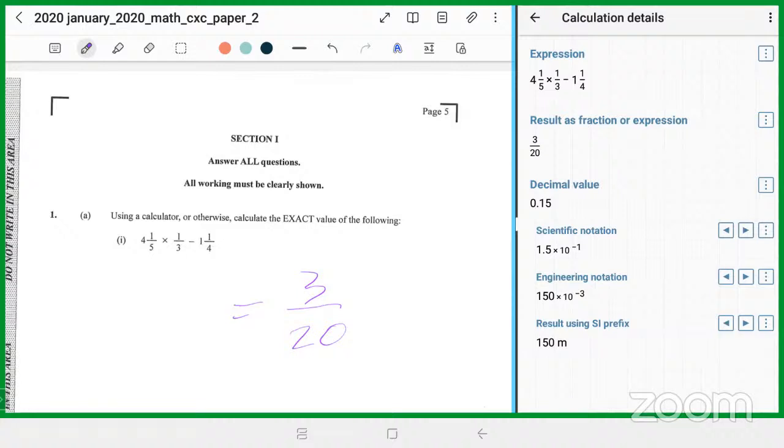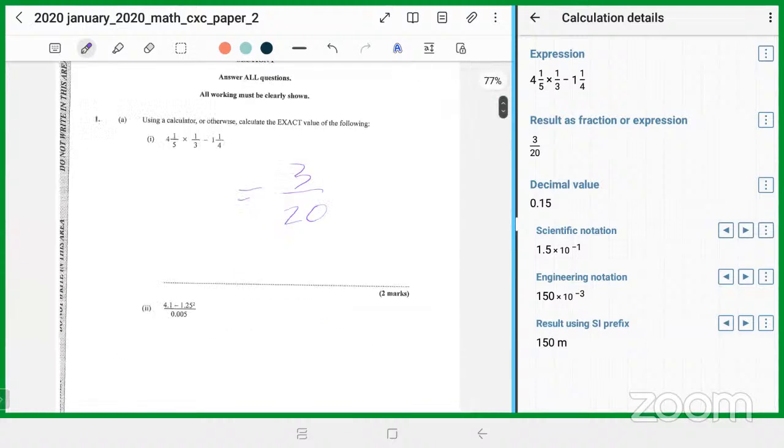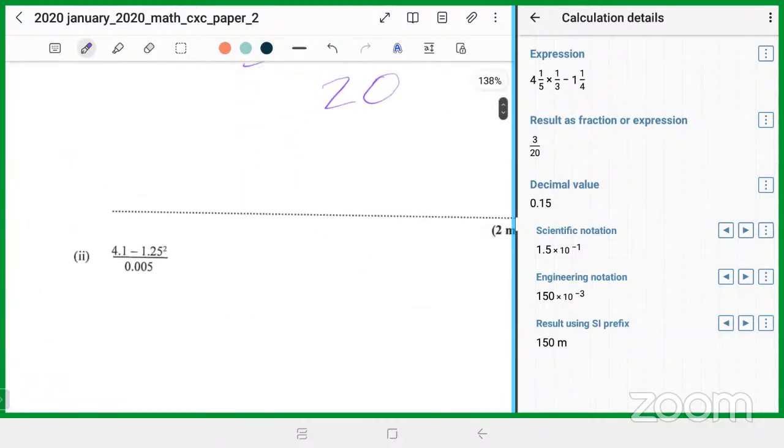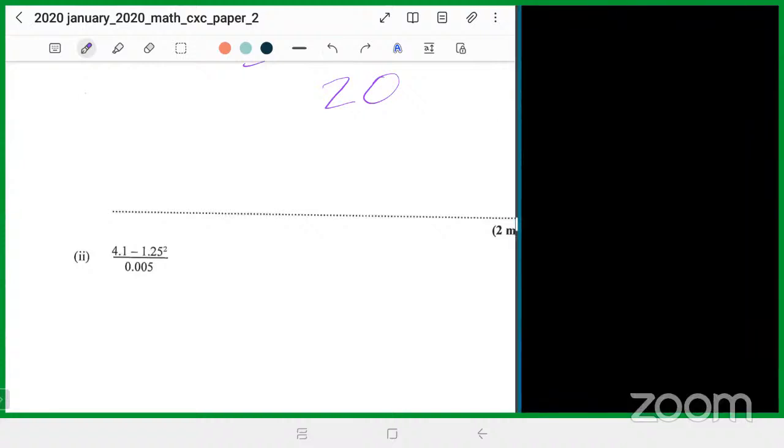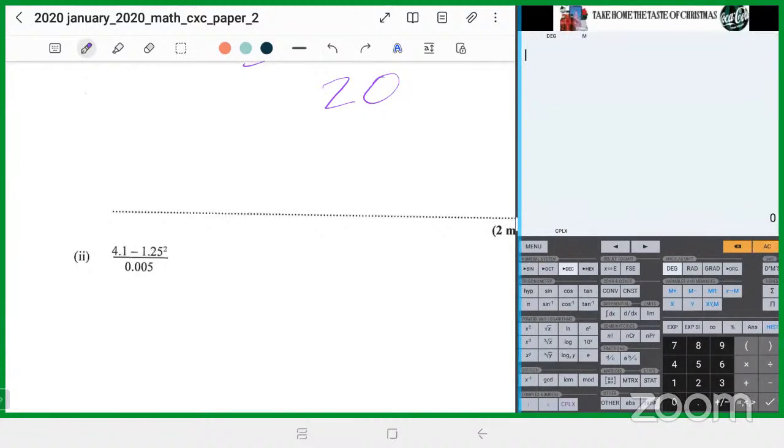All right, next one is this. Do the same thing. Type it in the calculator. That one should be a fraction. It is 4.1 minus 1.25 squared, and you're dividing that by 0.005.